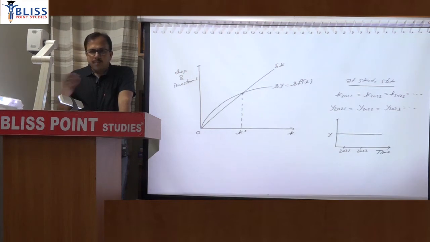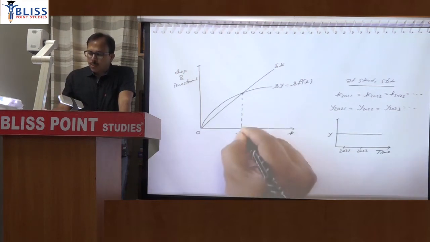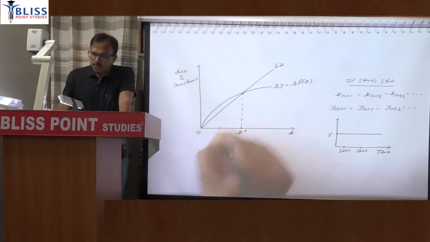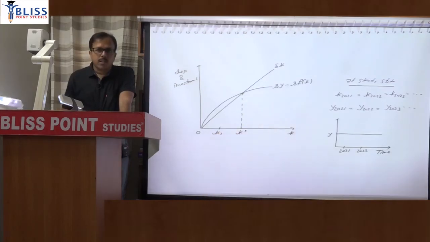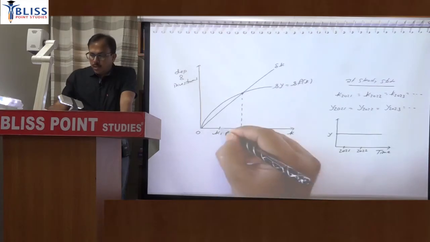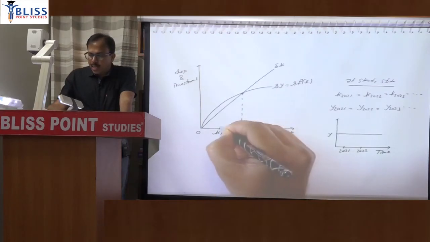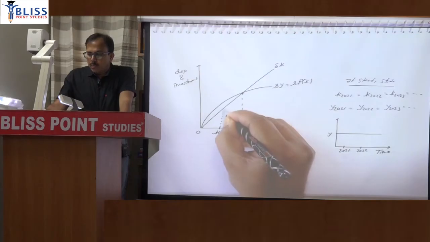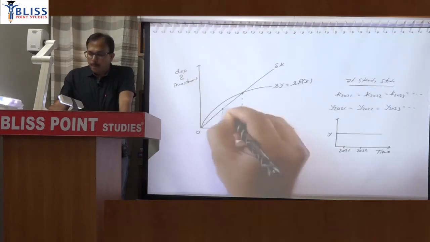Now the significance of steady state is: if the economy is not at a steady state, then what will happen? Suppose the stock of capital is less, K1. Then at that stock, depreciation is less, but investment is more.